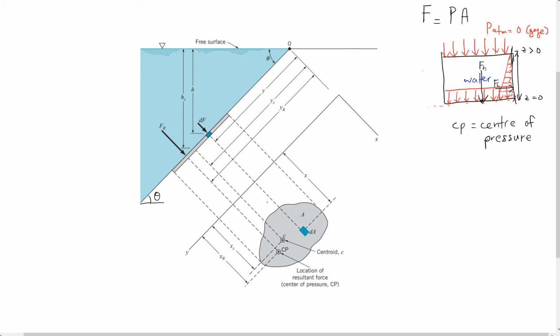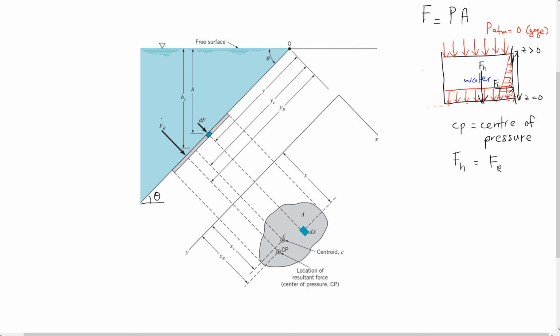So how do you find the hydrostatic force? This is the hydrostatic force, or you can also say resultant hydrostatic force, because it's a resultant force of all the pressure distributed on the wall.